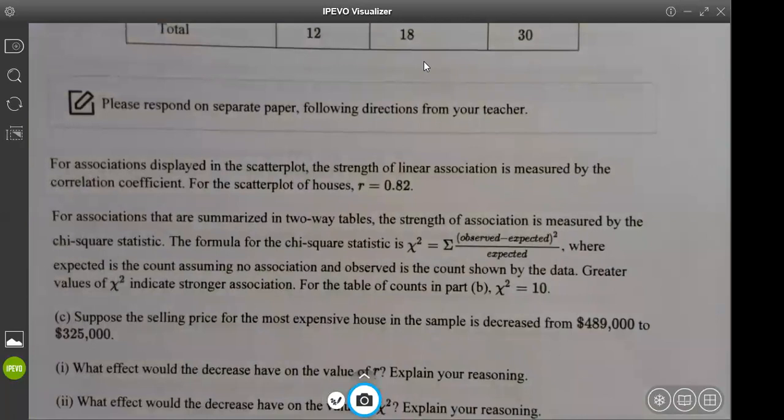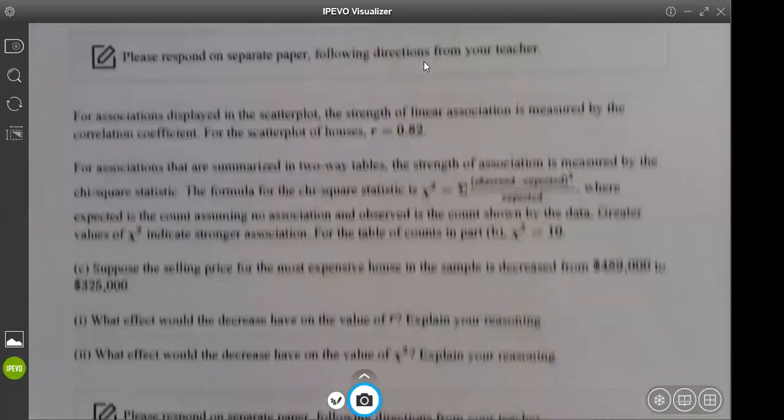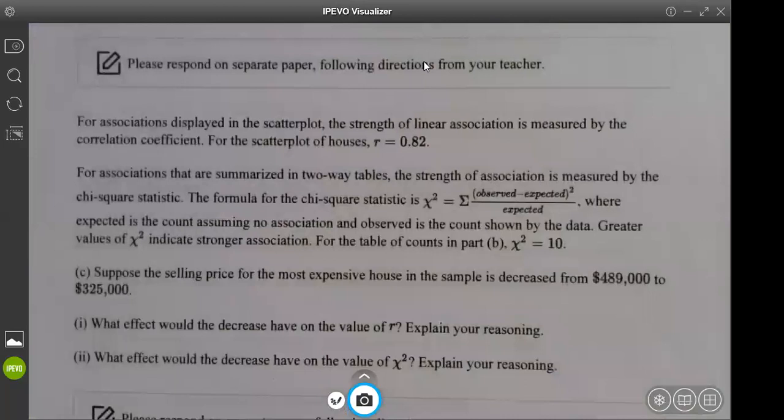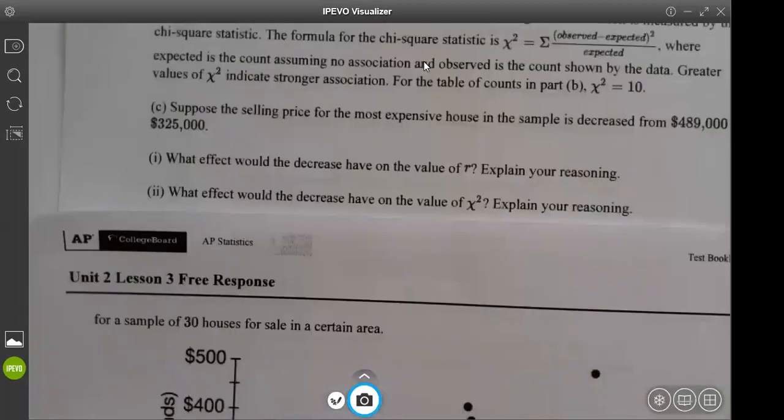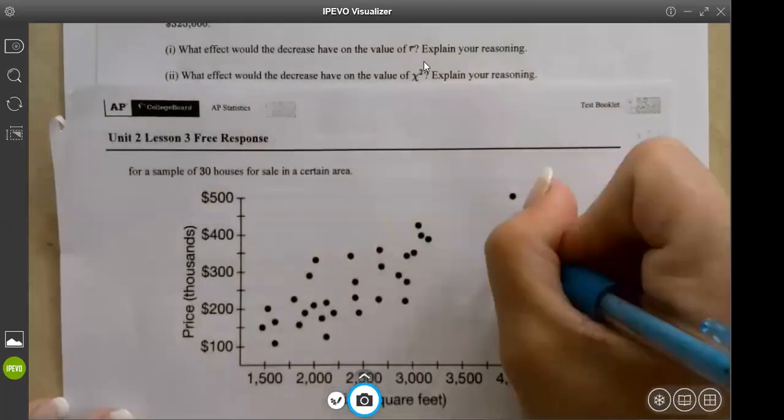And remember, R is the strength of the line. Think about that slope. So that outlier, the outlier is pulled down to right here.